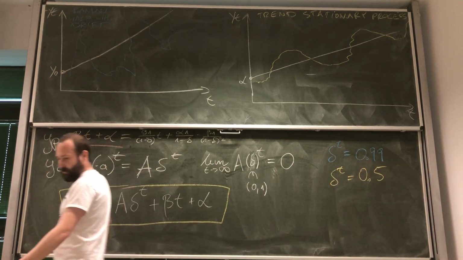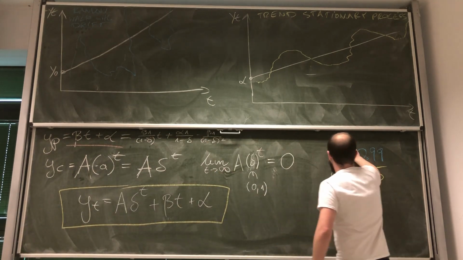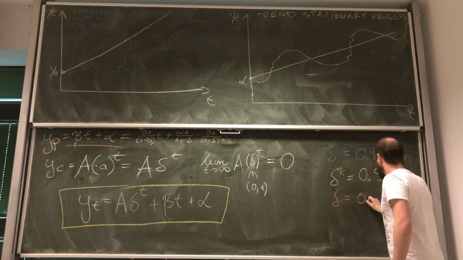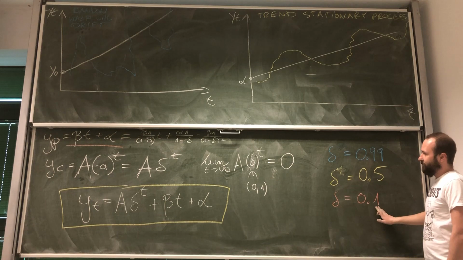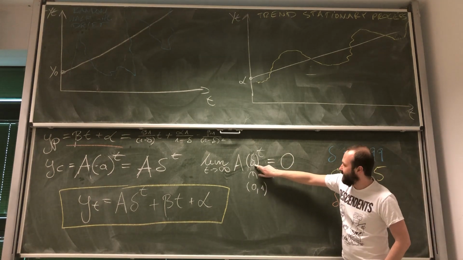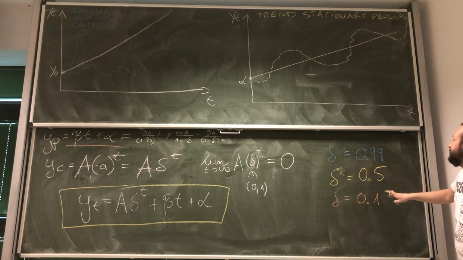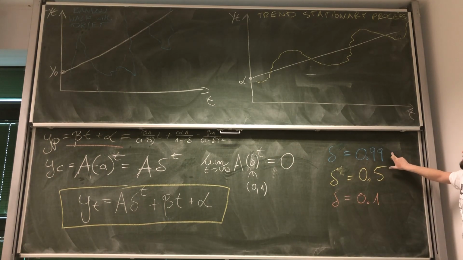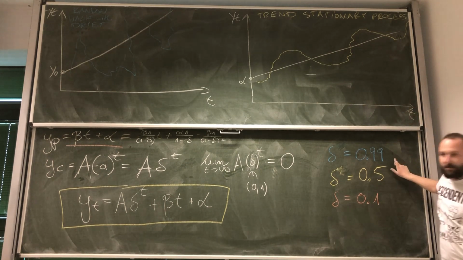And finally, we've got the economy where delta, without, of course, t, is 0.1. Which of these three will get to the equilibrium the fastest? Of course, this one, right? Because we are taking the smallest number to a bigger and bigger power, so it gets very small very fast. However, in this case, the mean reversion or trend reversion will be the slowest.